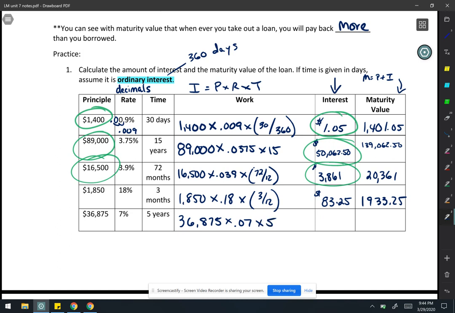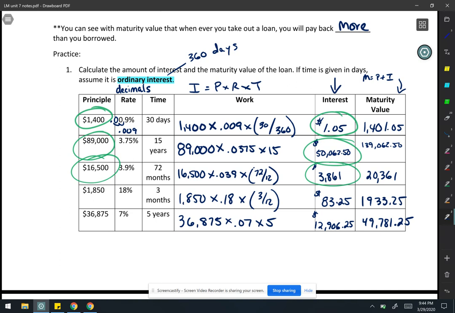Given to us in years, we can keep it, put it in our calculator, and we get 12,906.25. Add that back to our principal, and we get 49,781.25.